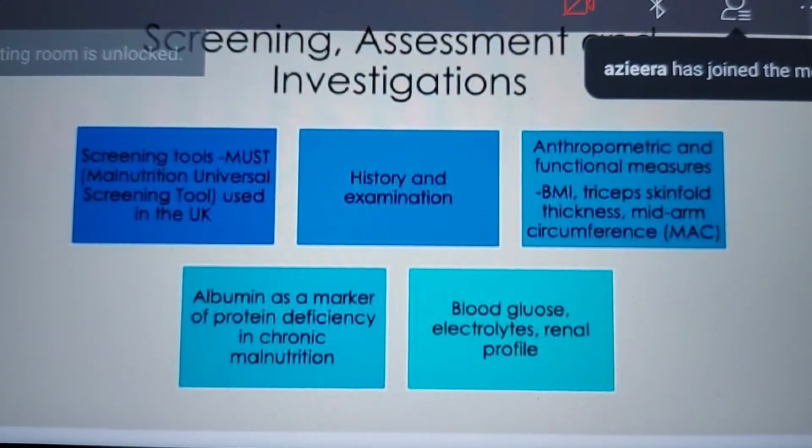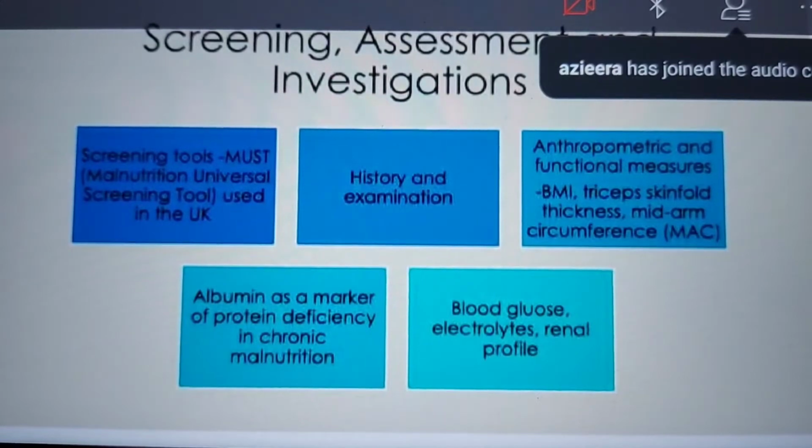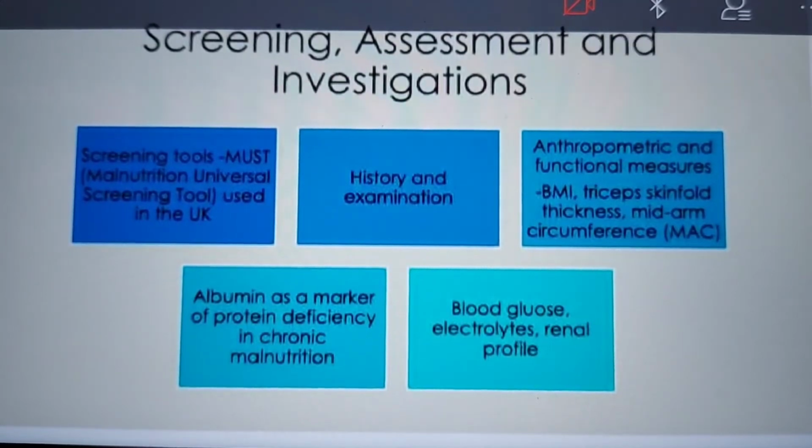In terms of screening, the most commonly used screening tool in the UK is MUST, the Malnutrition Universal Screening Tool. Based on history, we have to take a detailed history, but it may be difficult in a critical patient. The information we are getting is regarding any weight loss, any GI losses, and from physical examination, we can appreciate any muscle wasting.